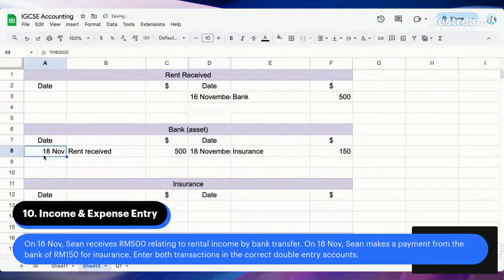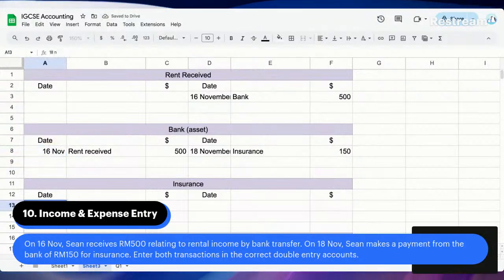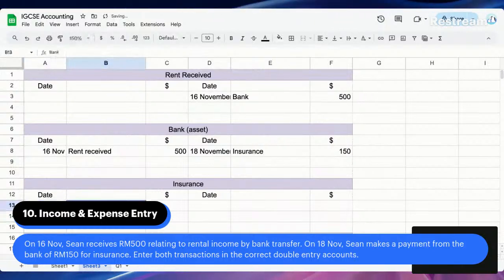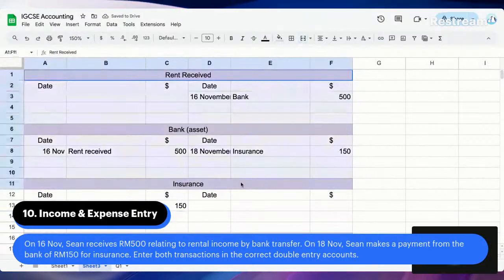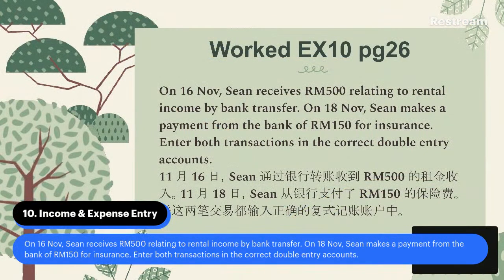This is 16. Okay, and this is the 18th of November. Then this is bank. Then this is 150. So this is example number 10. The complete answer is like this. Okay, all right. Back to the next example.